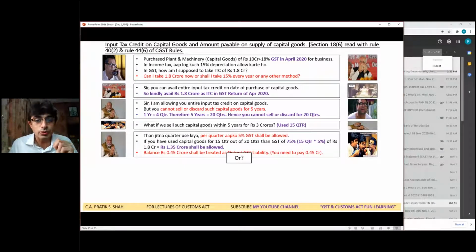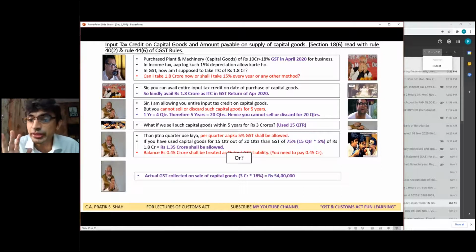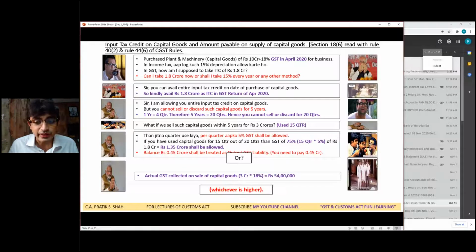Or method 2: I sold it for 3 crore, on which I have to collect GST of 18%, so 54 lakh rupees, whichever is higher. This is the method you need to apply when you sell the capital good. In the exam, there could be such questions also. And why not?